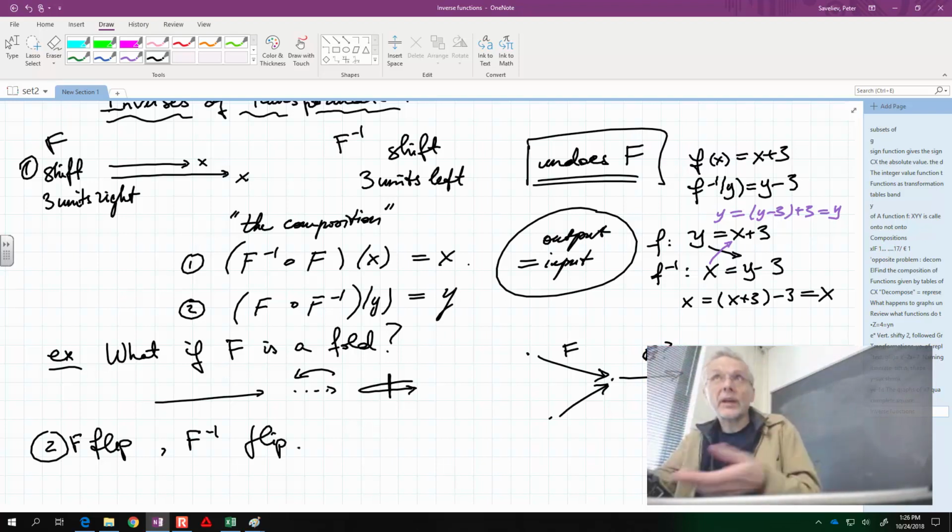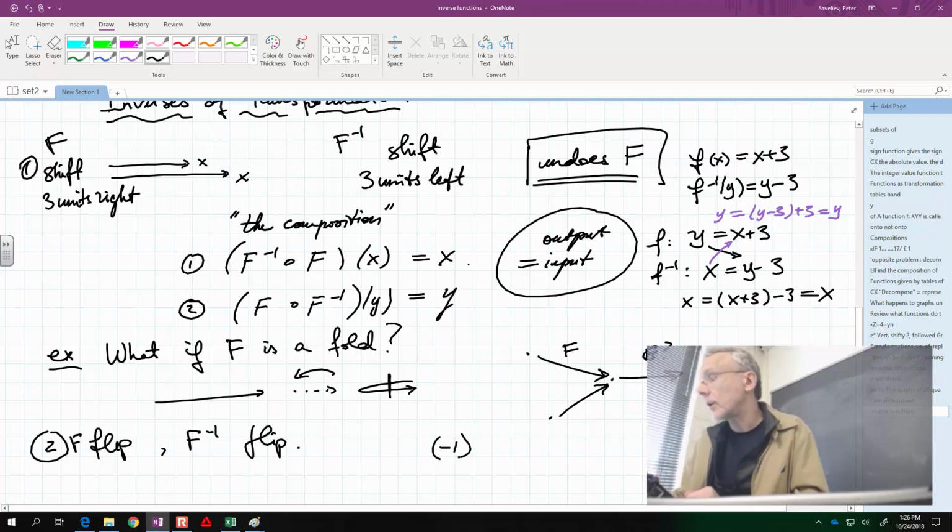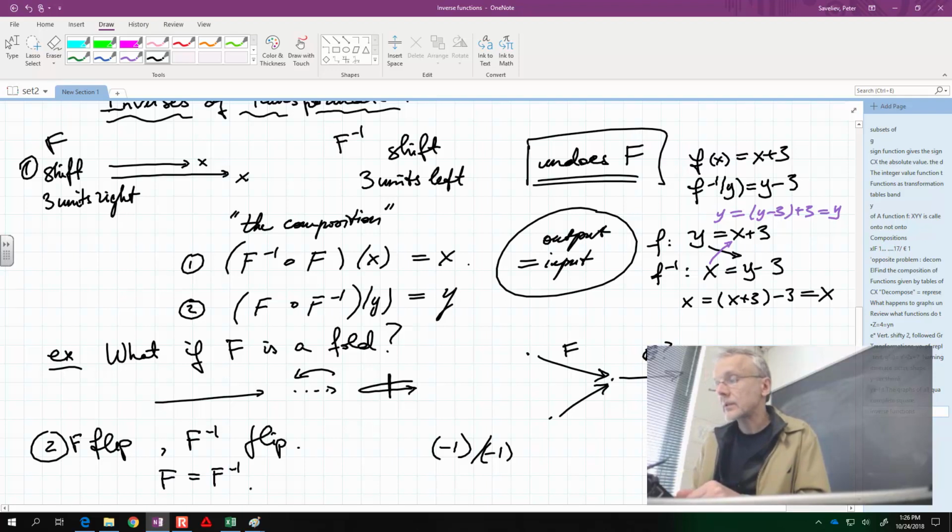Then the second person comes in, also flips it with the same instructions, and the result will be no effect. Again, we reverse. So the flip is the inverse of itself. Ultimately it is multiplication by minus 1. So dividing by minus 1 or multiplying by minus 1 is the same thing. So it just happens that F is equal to F inverse. It happens sometimes under some special circumstances.